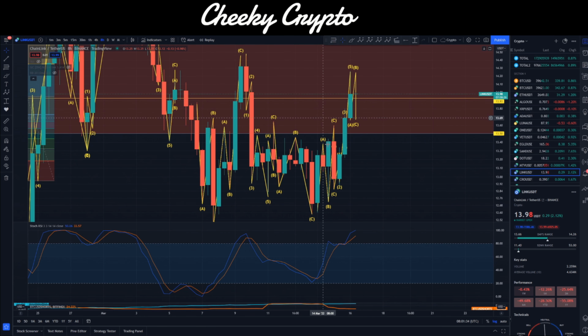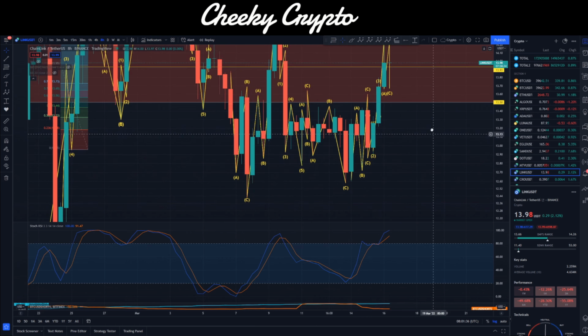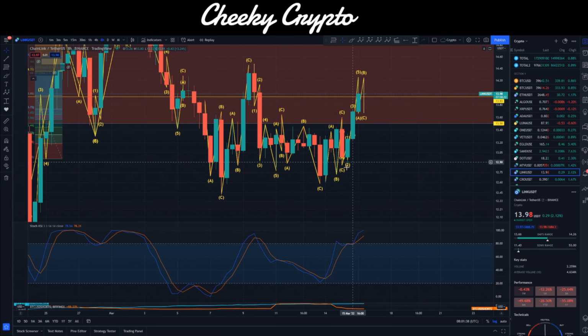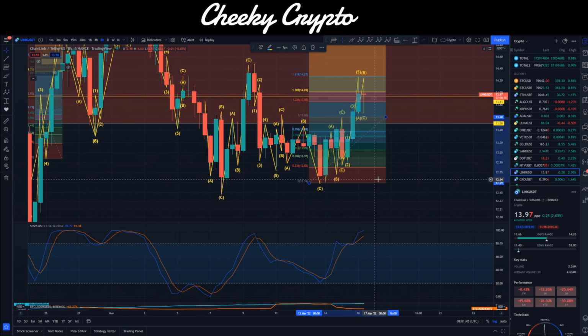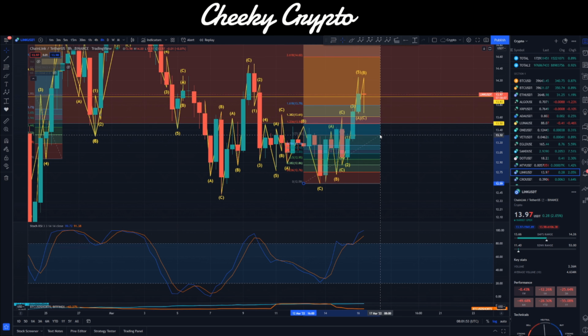Again, we could be looking at some kind of fourth wave correction here on our 8-hourly chart, as in we have wave 1, wave 2, wave 3 coming in, and this is something that we can measure using this. We just move that over to a slightly different position. Can fit that one right there.